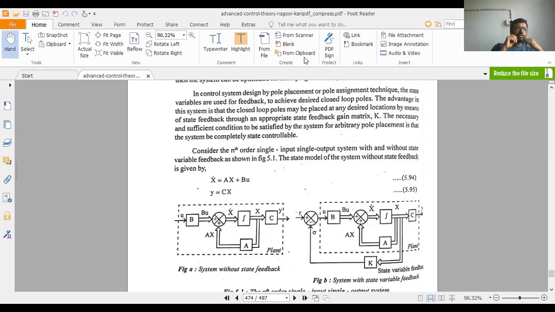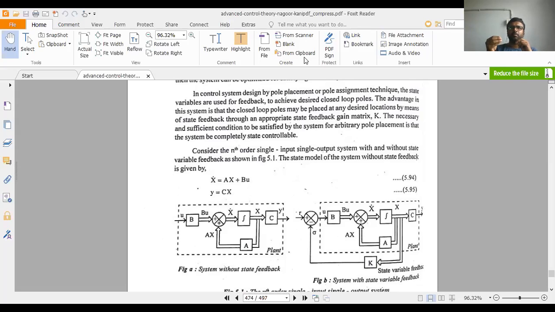Okay. So before that, once again, I am going to explain. In case of the control system design using the pole placement technique or the pole assignment technique, the state variables, that means the ABCD matrices, are used as a feedback path. The main advantage of this particular choosing of state variables is to design the state feedback controller.